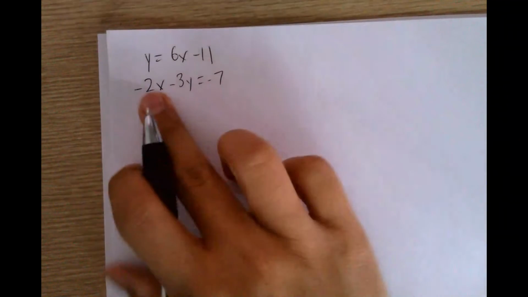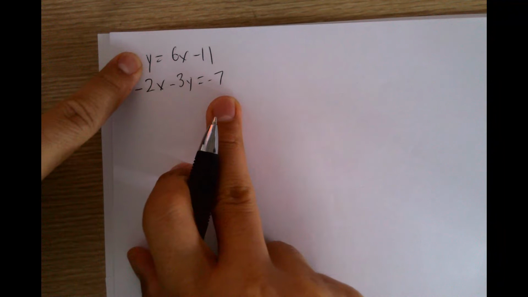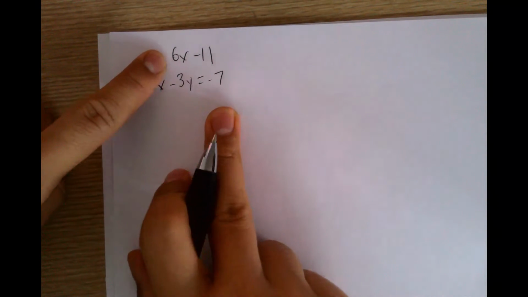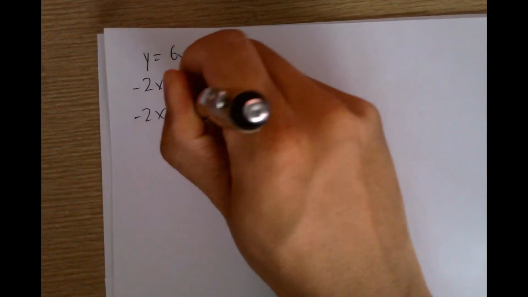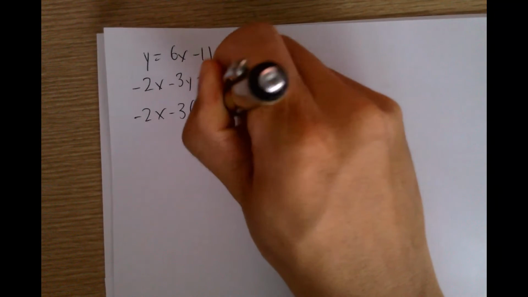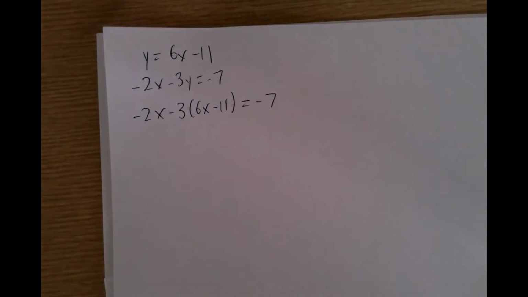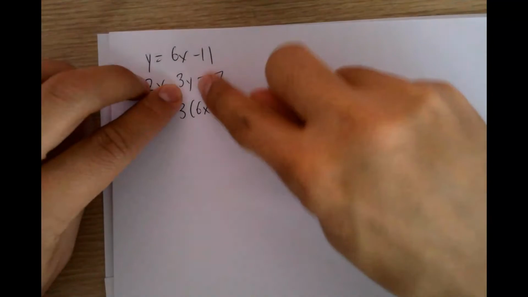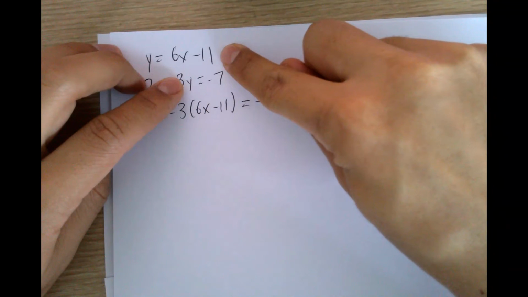So you can see here on our second equation, we're going to replace the y with 6x minus 11. Okay, so what I just did there is I looked for the y and I replaced it with, using the first equation, 6x minus 11.